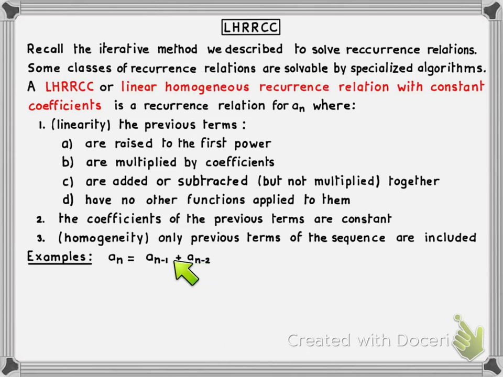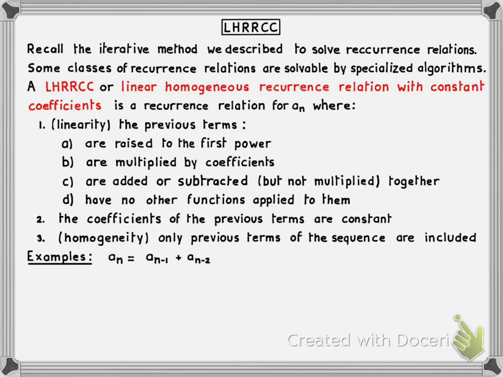They are added together, not multiplied. They are not run through any functions. They are just added directly. The coefficients in front of them are constants. In this case, the coefficients are 1 and 1. And nothing else is added beside those two previous terms. So this is a LHRRC.